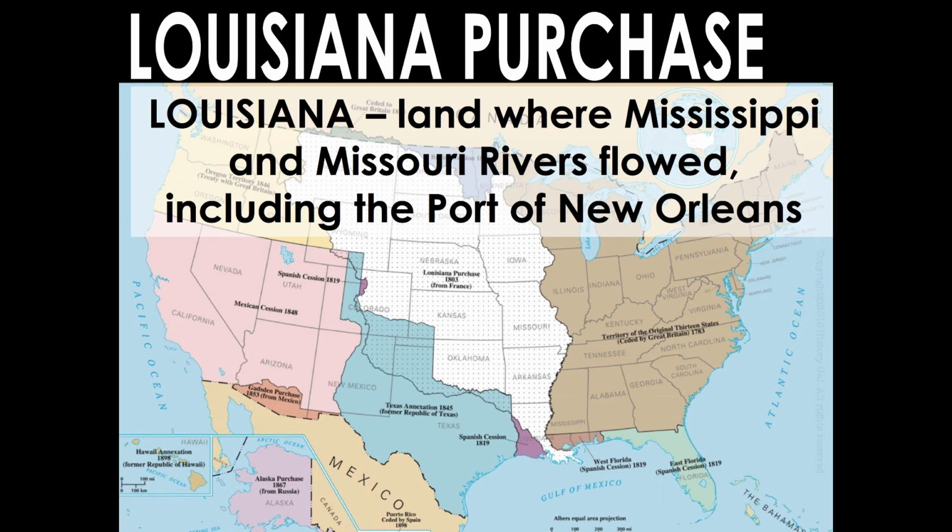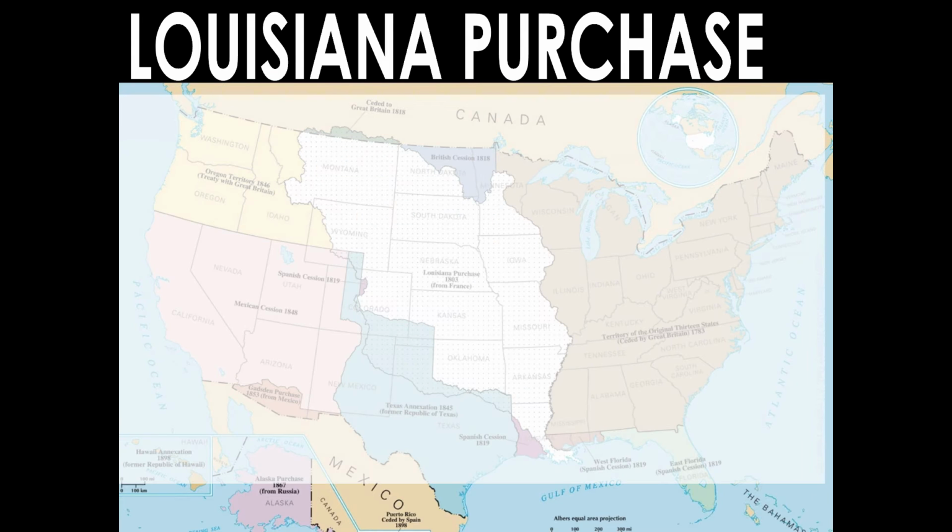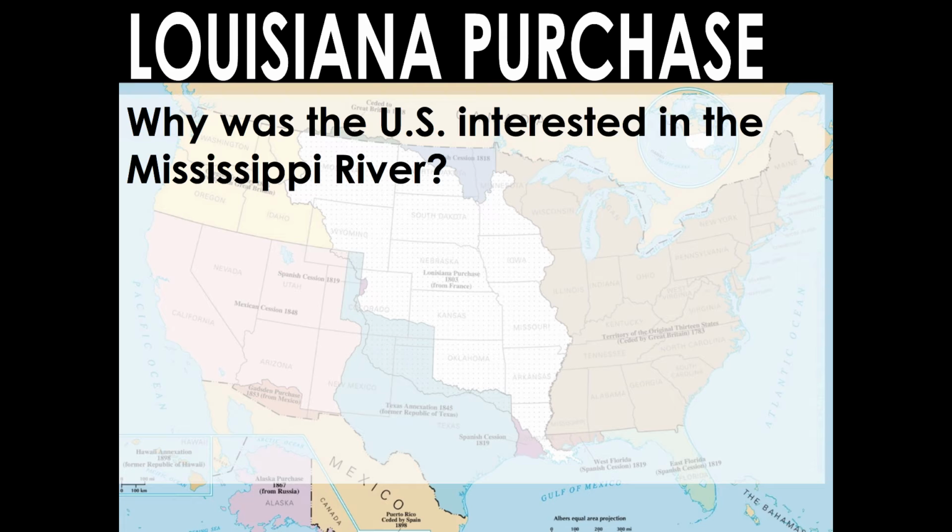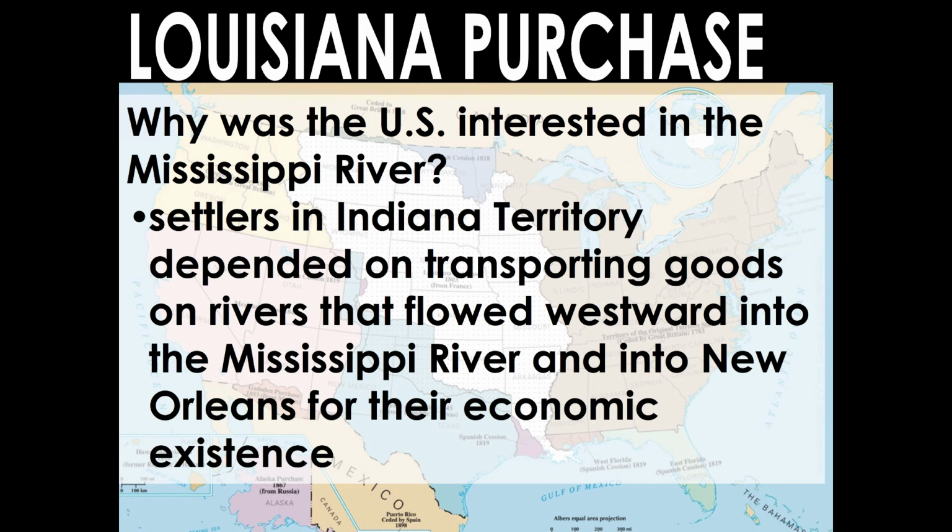So Louisiana was a land where the Mississippi and Missouri rivers flowed, including the port of New Orleans. All right. So why was the U.S. interested in the Mississippi River? Well, you learn about westward expansion, but settlers in Indiana Territory depended on transporting goods on rivers that flowed westward into the Mississippi River and into New Orleans for their economic existence.